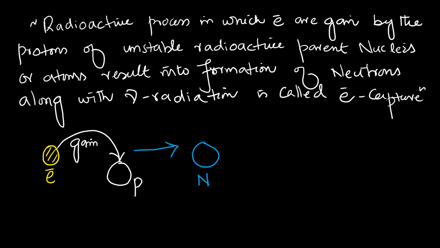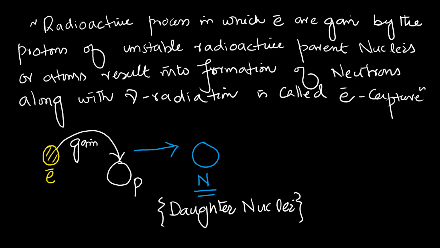Due to this conversion, the parent atom forms a new type of atom known as the daughter atom, and its nuclei is known as the daughter nuclei. Along with the formation of the daughter nuclei, there is a release of highly energetic radiations, known as gamma rays or gamma waves.